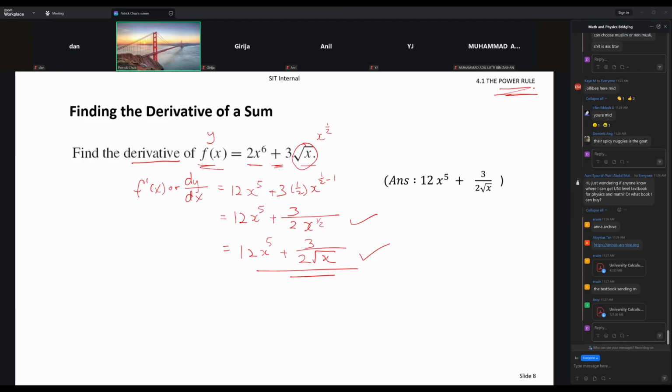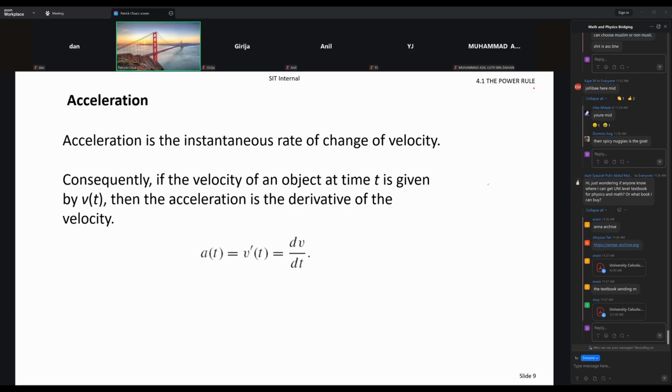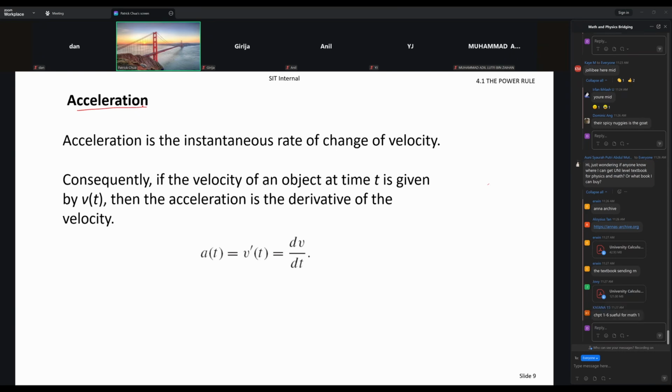Next is the application. We talk about acceleration. Differentiation can be applied to practical problems. First, we know what acceleration is. When a car accelerates, it increases its velocity over time. So acceleration is the instantaneous rate of change of the velocity.